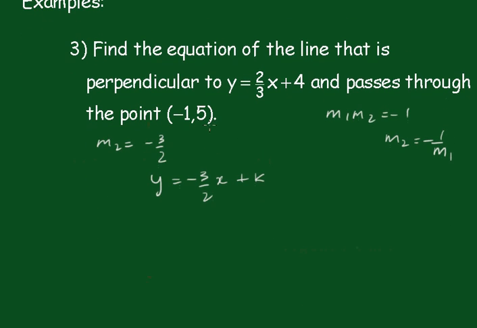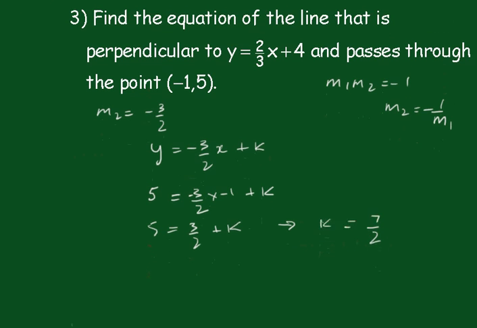And we put the value of these points in, we get 5 for y equals minus 3 over 2 times -1 plus k. So 5 equals 3 over 2 plus k. And that means that k must equal 7 over 2.